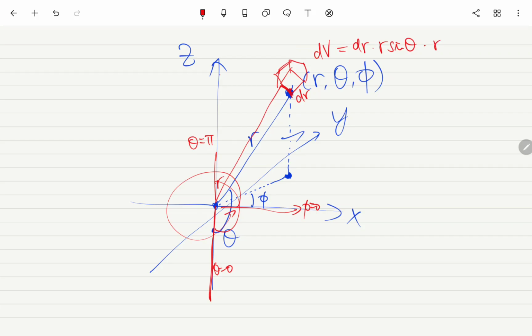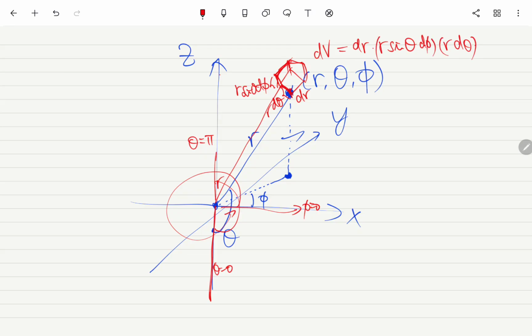As you change, this will be d phi. So this will be r d theta, and this part will be r sine of theta d phi. So it turns out to be something like that.